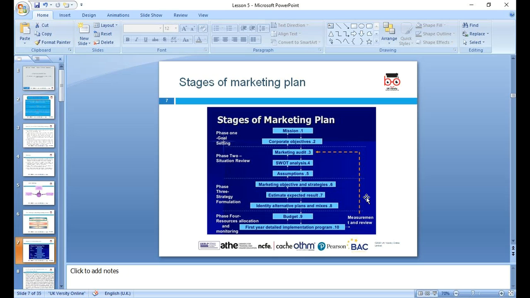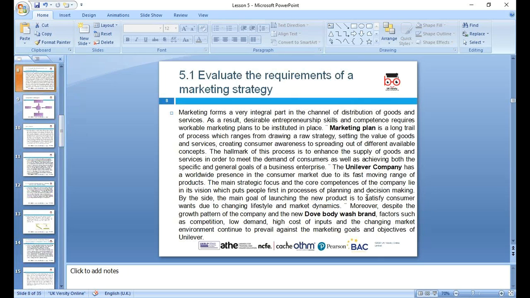Your target is upper, middle and lower class of society. Then we need to estimate the expected result, how much estimated profit, what you really want. Identify alternatives: we have a plan to deliver the goods ourselves, or we can use a courier. So different budgets, yes, you need allocation of the money. We discussed resources and the budget as well: the 3Ms, man, money and material. How well you deploy them, you need to make a budget for it. First year detailed implementation program. All this we need.